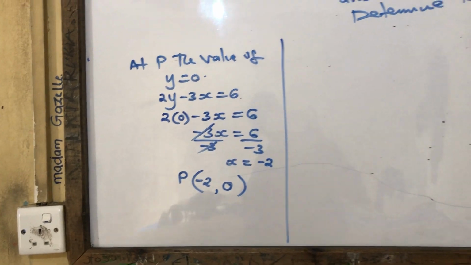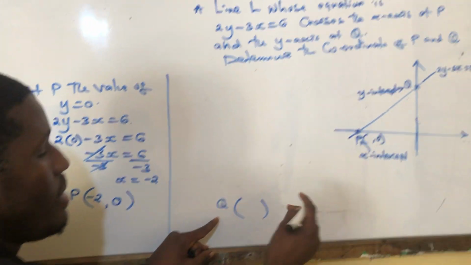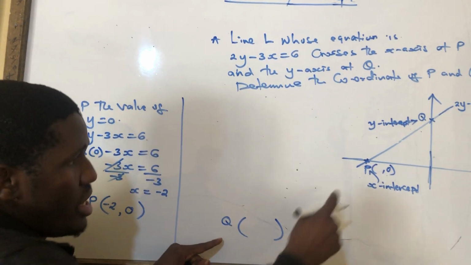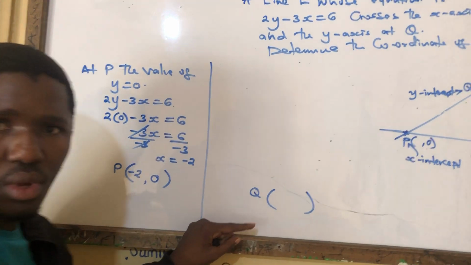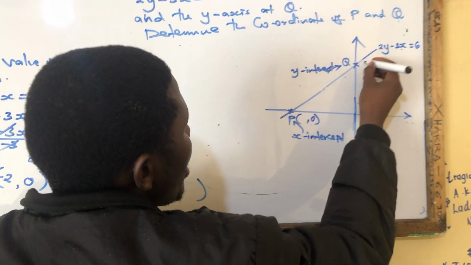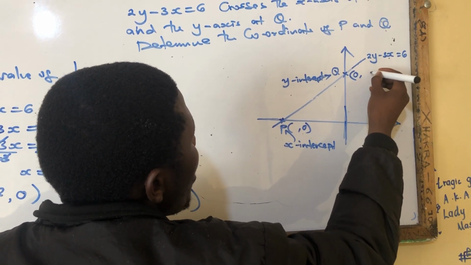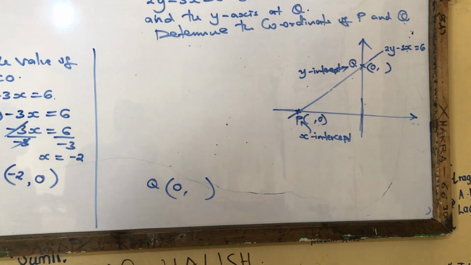What would you say about the coordinate of Q? Do remember that Q is the y-intercept. What do we know about the y-intercept? For the y-intercept, we know ahead of time that the value of x should be equal to 0.